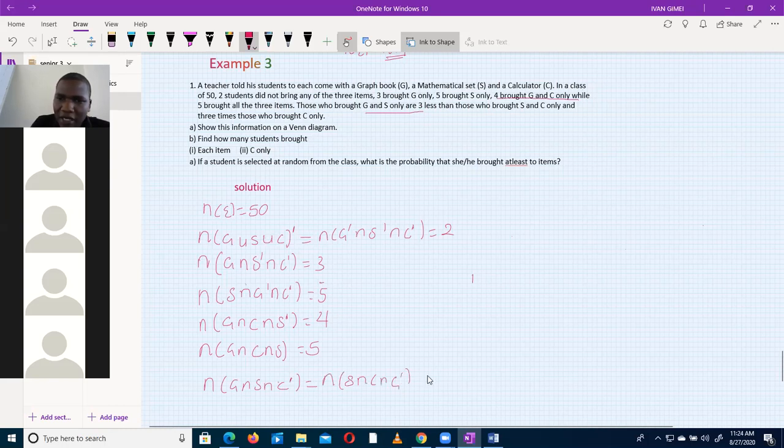So minus 3, that's what it means. Then S and C only. And 3 times those who brought C only. Since it's the same thing, there are 3 times those who brought C only, C intersection G complement intersection S complement.